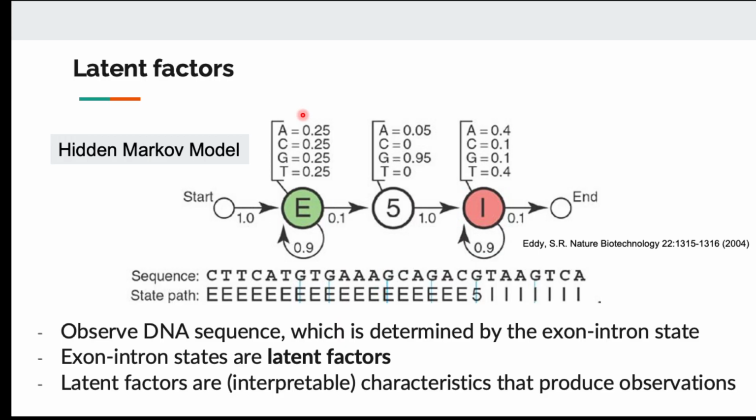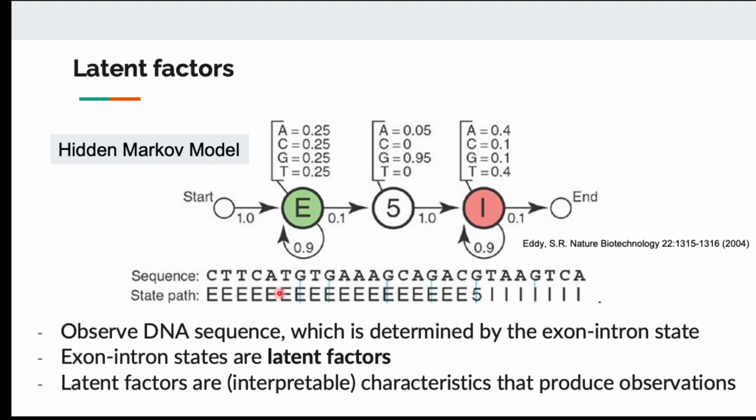Basically, if you know the latent factor, you know what to expect in your observation. But when we do an experiment, when we collect data, we have the observation, but we don't know the state. We want to make inference about the state. So most of the time, a latent factor is unknown. It's something that you have to use statistics or data analysis to infer or predict.